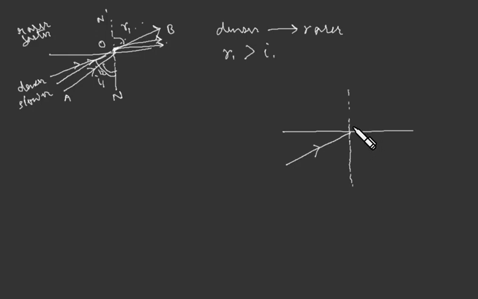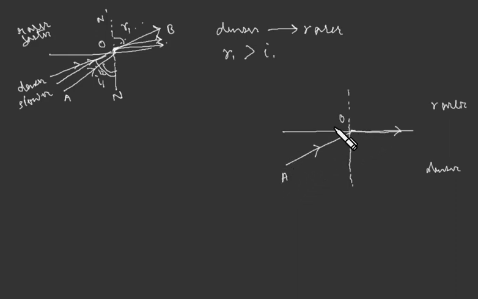For which the refracted ray will never go out of the surface from the denser medium. Alright, that means the light will reach some point where the refracted ray will move through the surface of the separation between the two media.